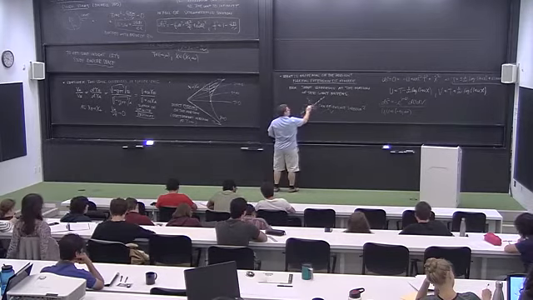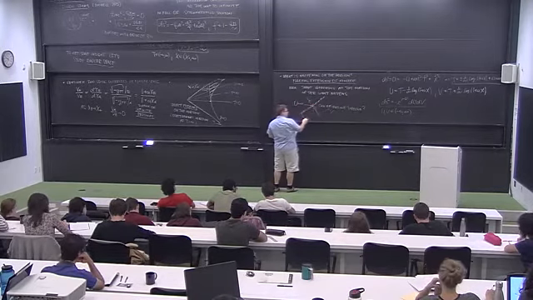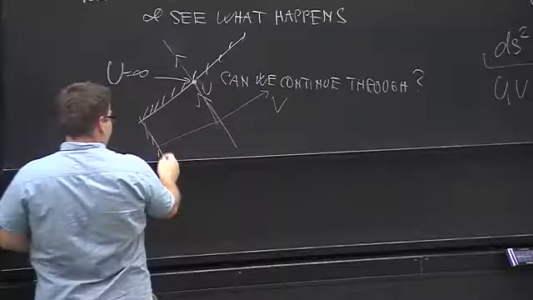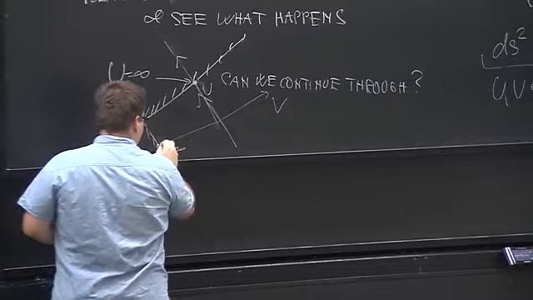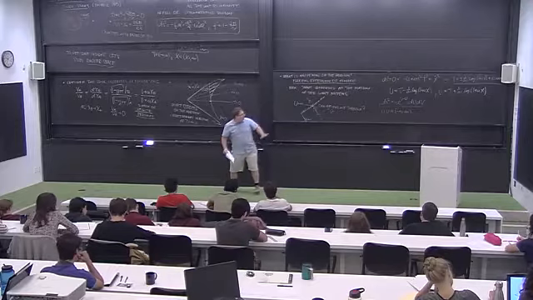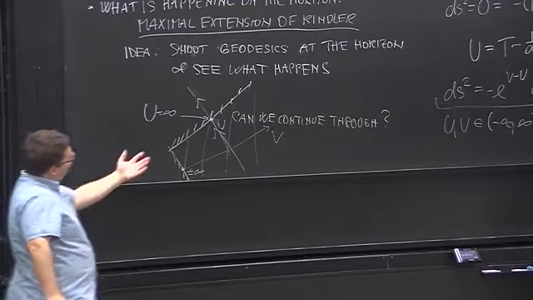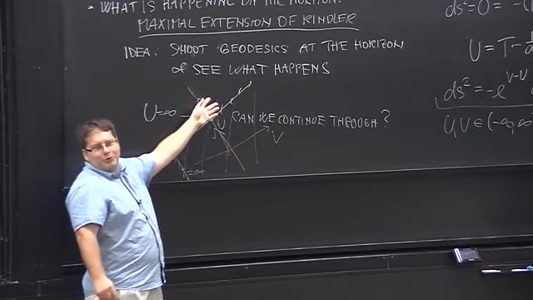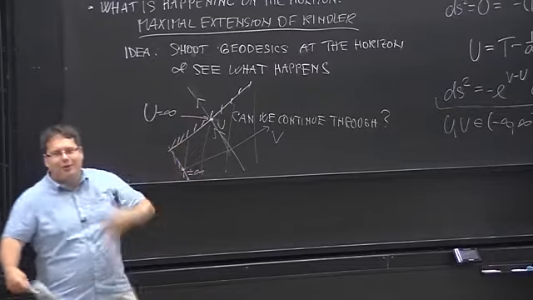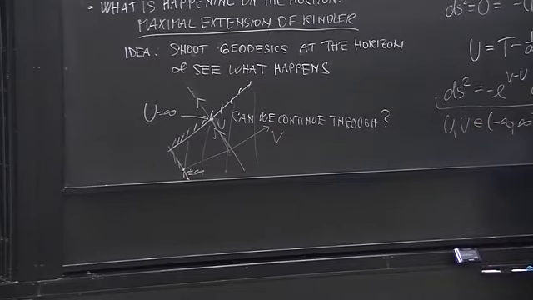So this point here has u equal to infinity. For v, plus or minus infinity doesn't matter. So anyway, these coordinates still cover only this part of the space. They don't go through because I just cannot go through u equal to plus infinity. They still only cover Rindler space.